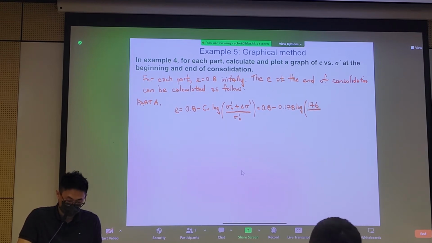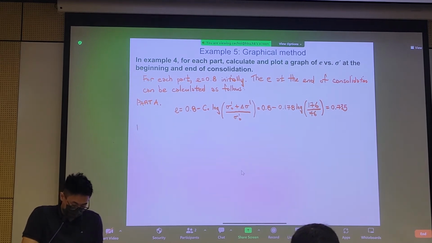I'm not adding 170, I was going to say 176. I trust you know where this value is from by now. So we get the void ratio there at the end of consolidation for part A.